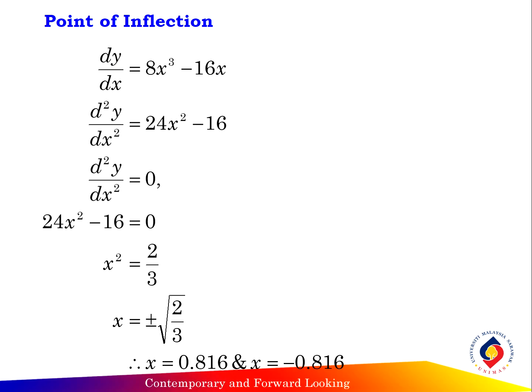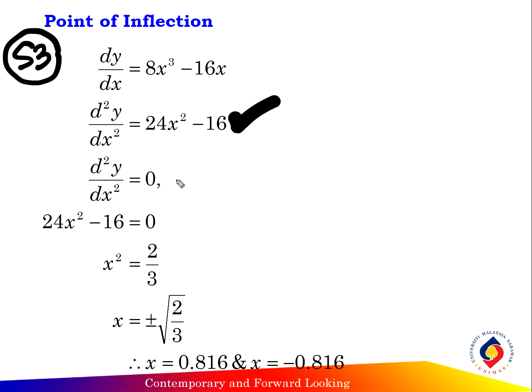Okay. Step 3. You find the inflection point of the function. Okay, the first derivative of the function here equals 8x cubed minus 16x, and here the second derivative is 24x squared minus 16.